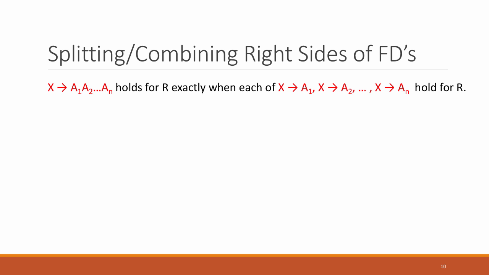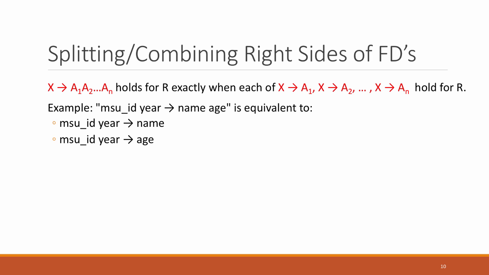In our previous example, MSU ID and year functionally determines name and age is the same thing as breaking this up into two functional dependencies: MSU ID and year functionally determines name, and MSU ID and year functionally determines age.